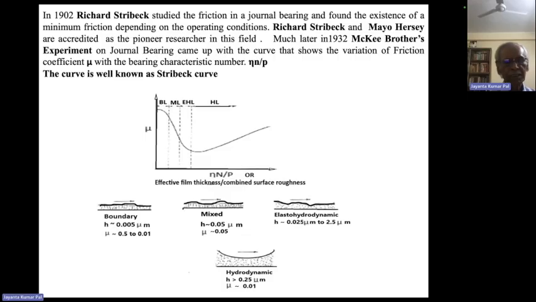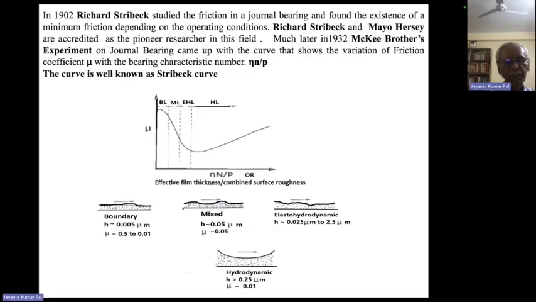Since Richard Stribeck is probably the first researcher who understood the variation of friction with the working parameters of the bearing, the curve is known as the Stribeck curve.